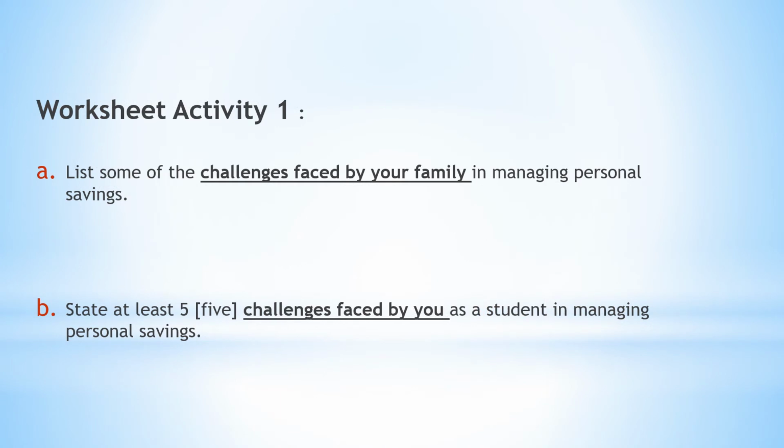So, some worksheet activities in regard to what we have just covered. First one, list some of the challenges faced by your family in managing personal saving. Some of the challenges that the family faces, you can list down in this particular space. All your answers are correct.